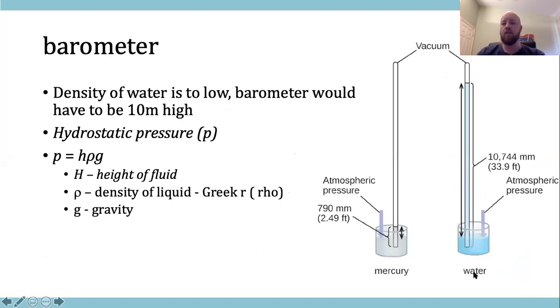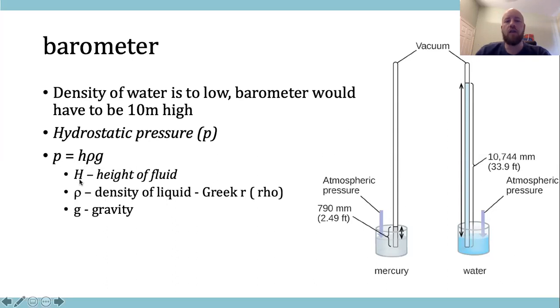Now the reason why we use mercury is the difference between mercury and water, based on this equation over here. The pressure is a function of the height of the fluid, the Greek symbol rho is density, and gravity, right?